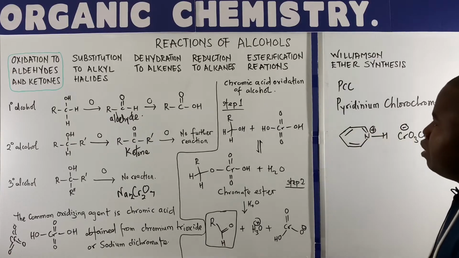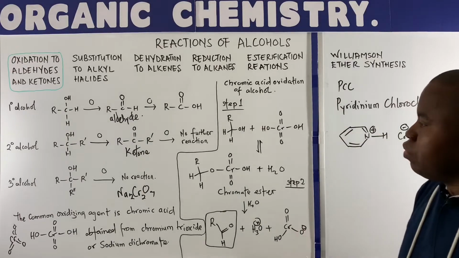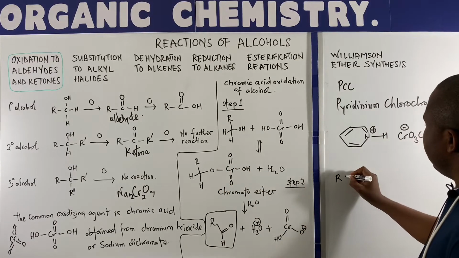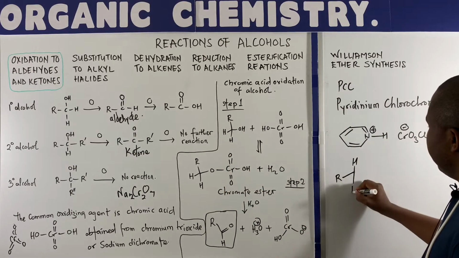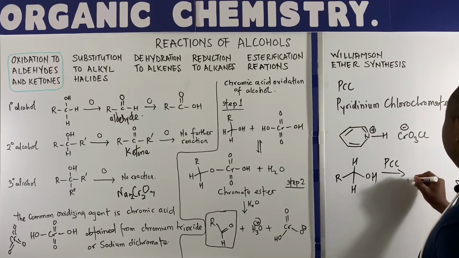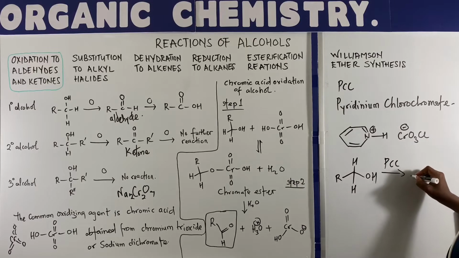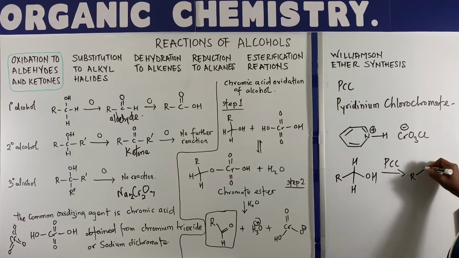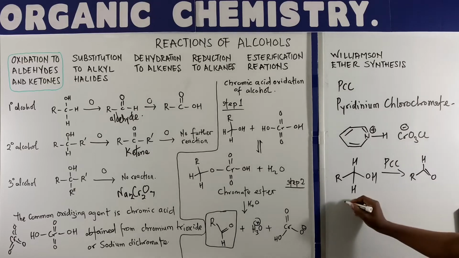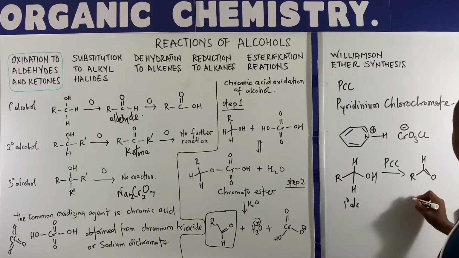So basically we can accomplish the same transformation if we subject, say we have a primary alcohol here, in the presence of PCC, we're going to get an aldehyde. This is a primary alcohol. This is aldehyde.